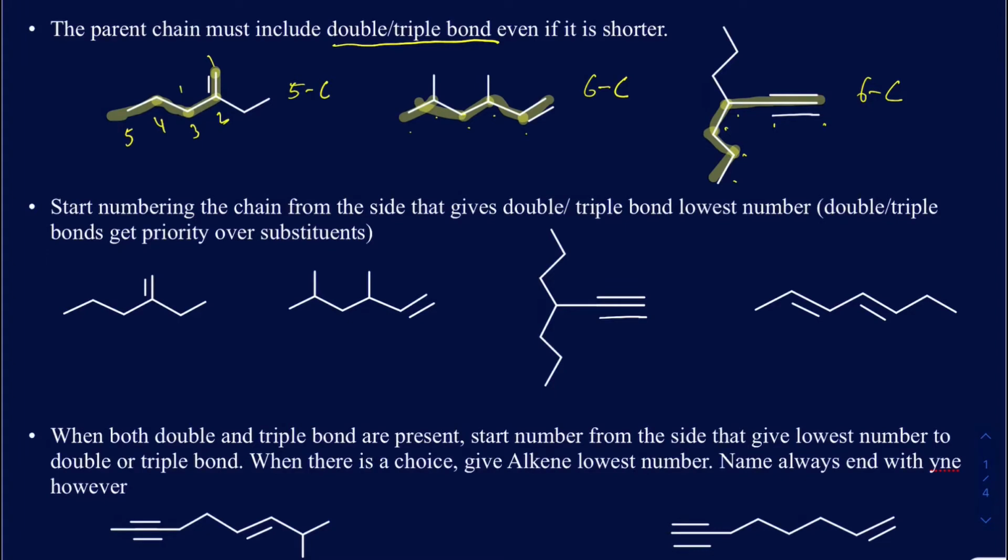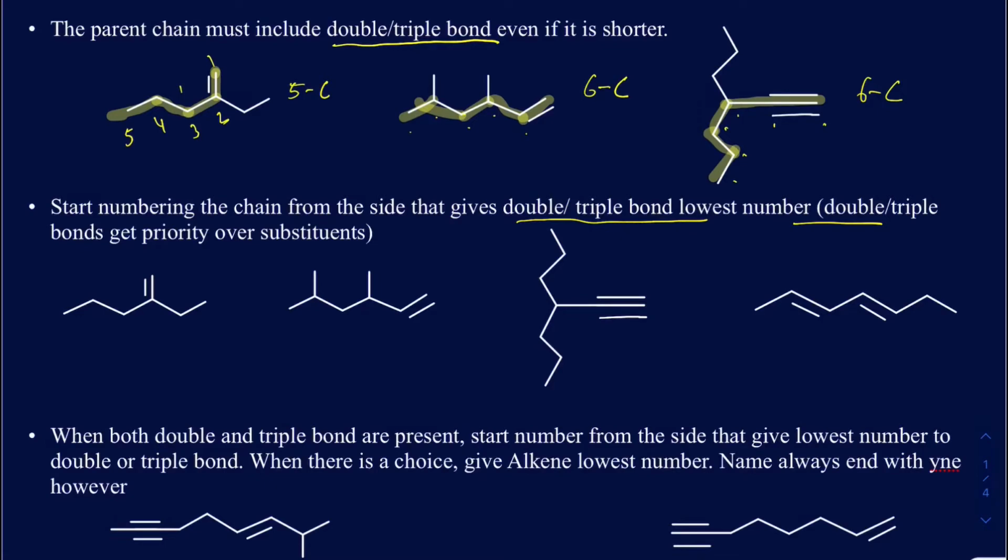Now the second factor you want to put in there is to start numbering the chain so that your double bond or triple bond gets the lowest number possible. Let's focus on this first one. I want to make sure the double bond gets the lowest number possible, and it gets priority over the substituents, whether you have halogens or alkyl groups as your substituents.